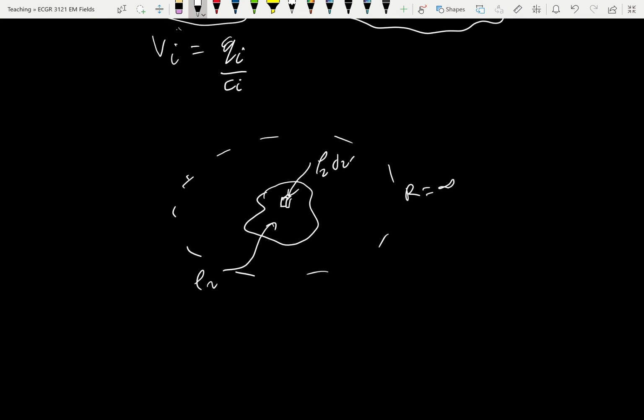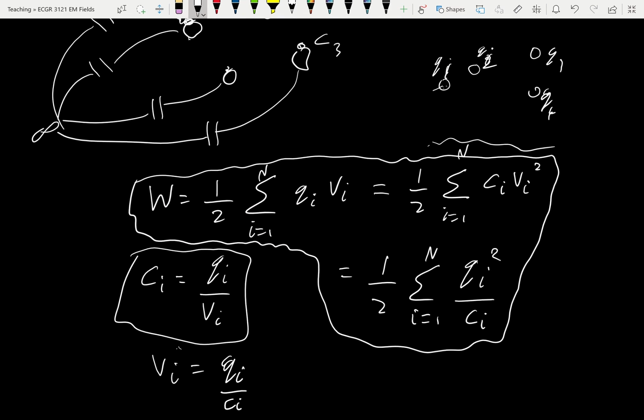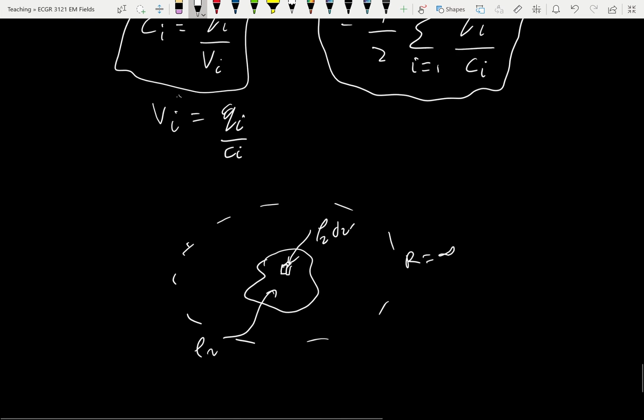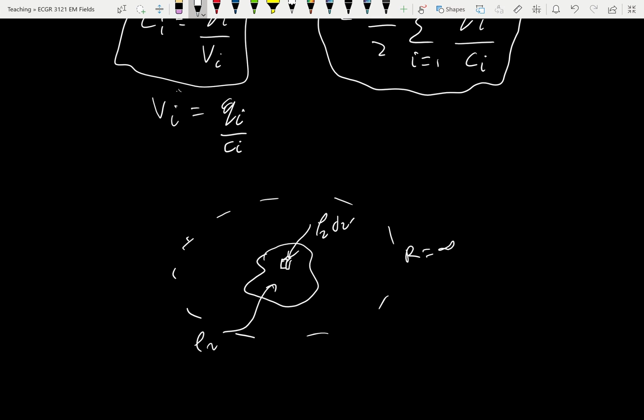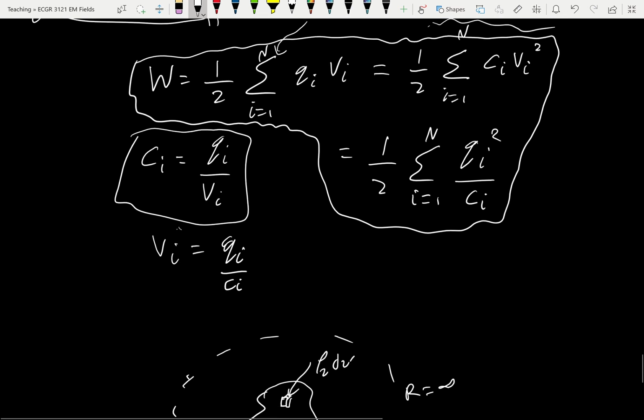So I should get the same exact formula as this. It's going to be half a sum of Qi Vi, but now I'm going to have an infinite amount of charges, but each charge is going to have an amount of rho v dv, which is an infinitesimal amount. So this summation turns into an integration.